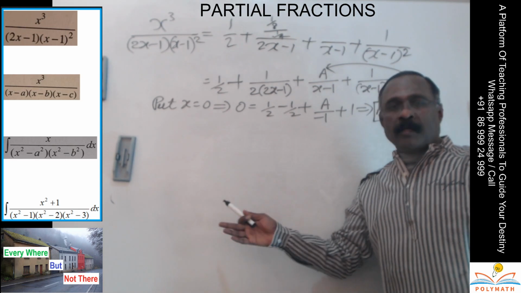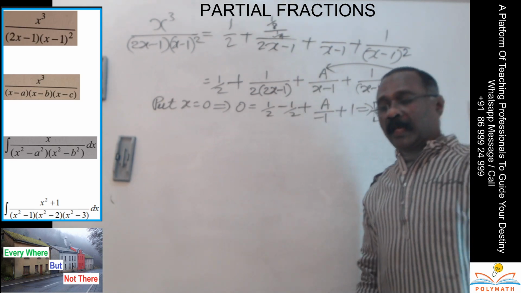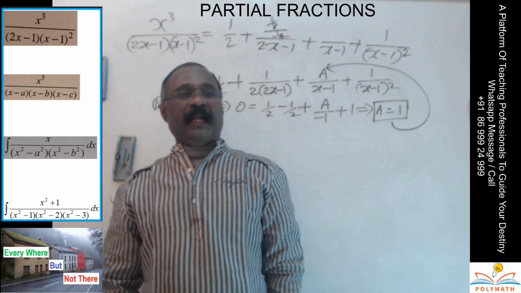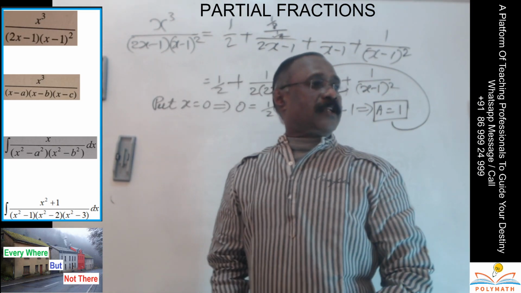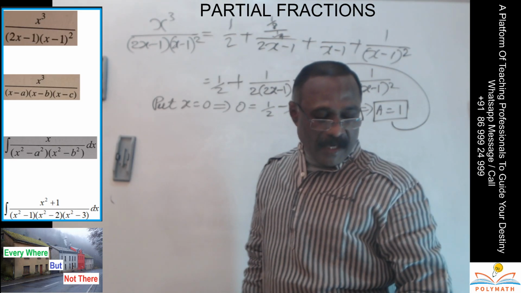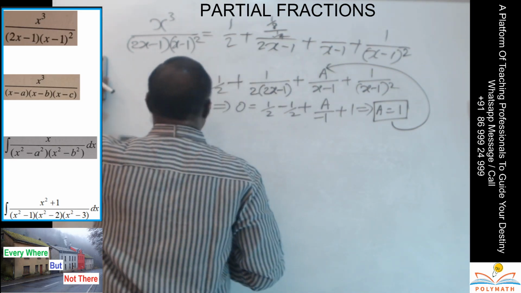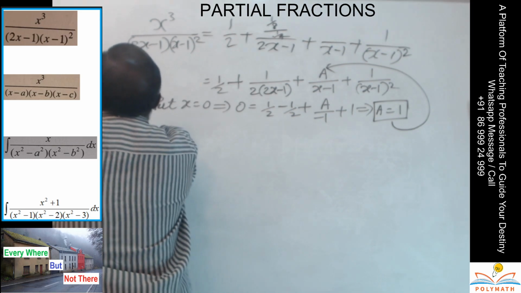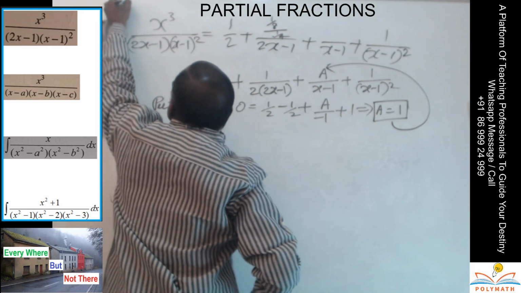For the rest of them, you have to take A, B or whatever, and then give a suitable value. Okay, next, coming to the next one: x cubed divided by (x minus a) into (x minus b). Just see this, it will be more clear for you now. You can do this easily now.